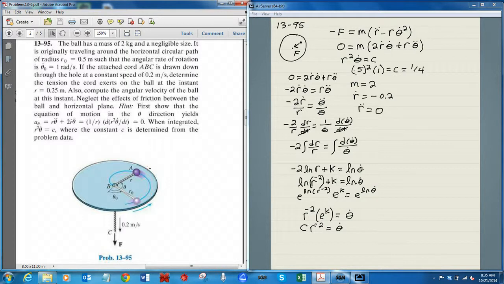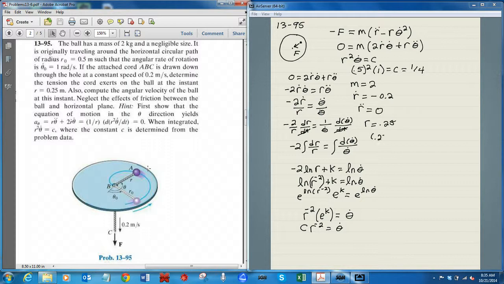And then we're going to plug into the formula, so we'll have 0.25 squared, r squared, times theta dot equals the constant. And we've determined that the constant is 1/4. So we can use this formula to solve for theta dot.